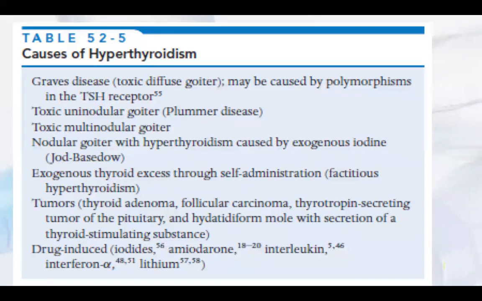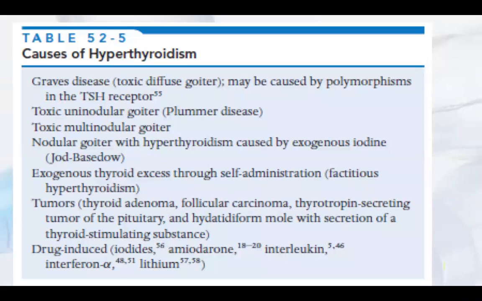First, Graves' disease, toxic diffuse goiter, may be caused by polymorphism in the TSH receptor.